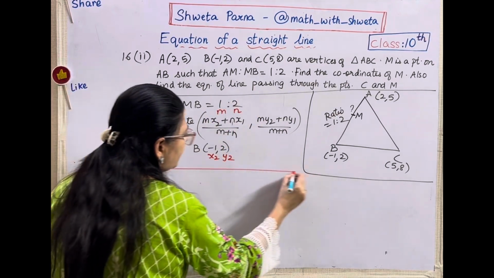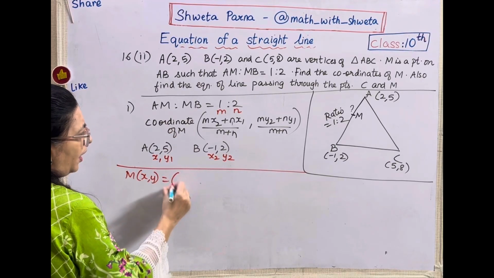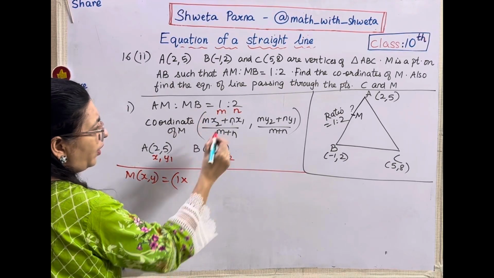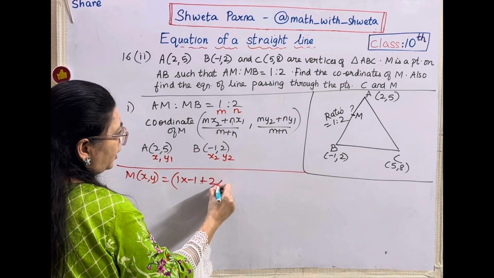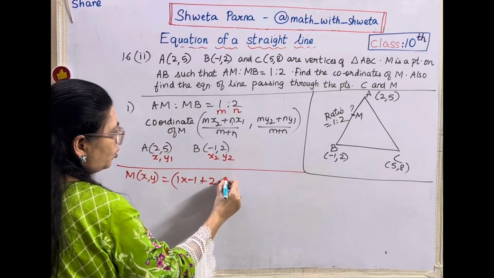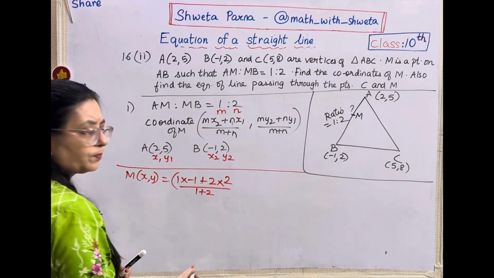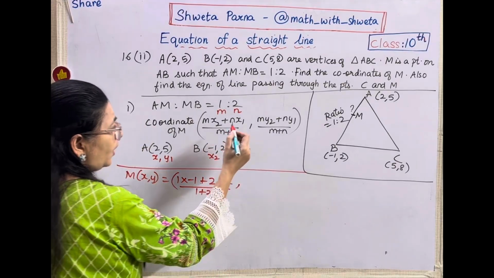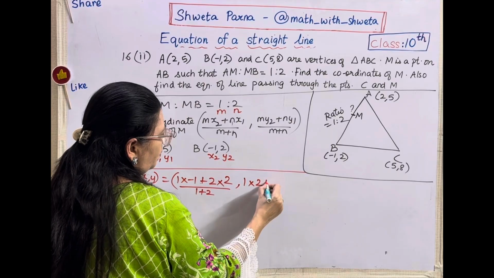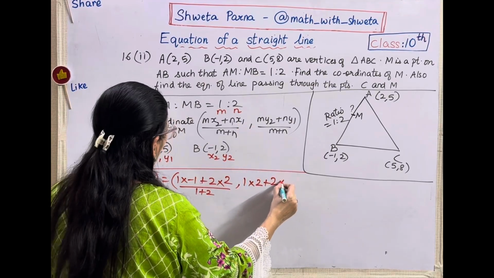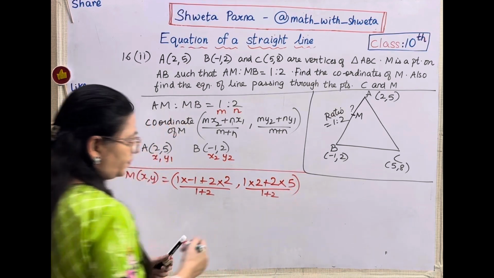Let's solve this. The coordinate of M would be m is 1 into x2, x2 is -1, plus n, which is 2, into x1, which is 2, upon m plus n, which is 1 plus 2. Comma. M is 1 into y2, which is 2, plus n is 2 into y1, which is 5, upon 1 plus 2.